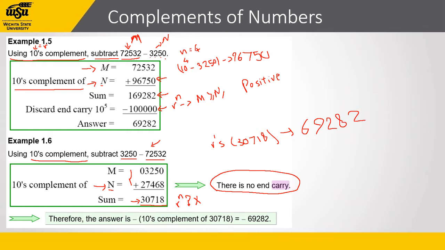And just because we don't see an end carry like we saw in the previous example, it means our result should be negative.